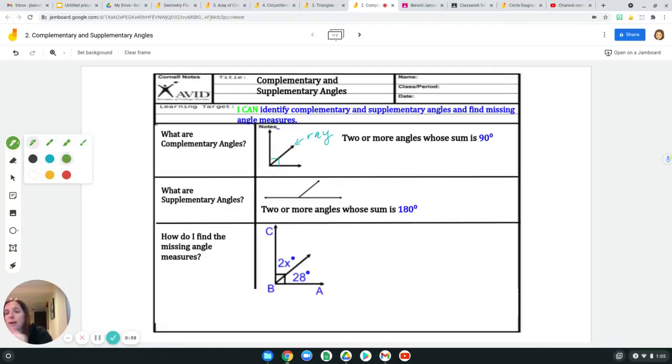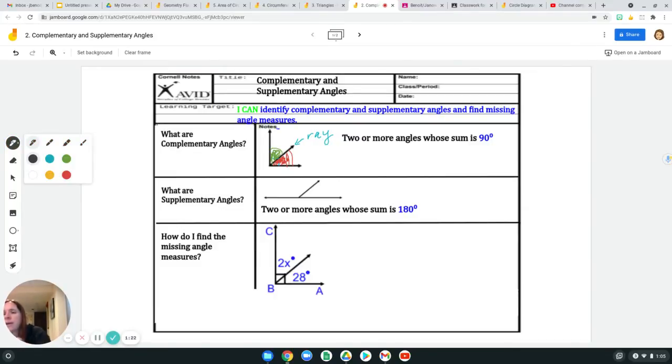So I'm going to mark each angle with an arc. Angle 1 is right here in green. I'll color that in, that's angle 1. And then angle 2 has two arcs, and that would be your red part here. This is angle 2, okay?